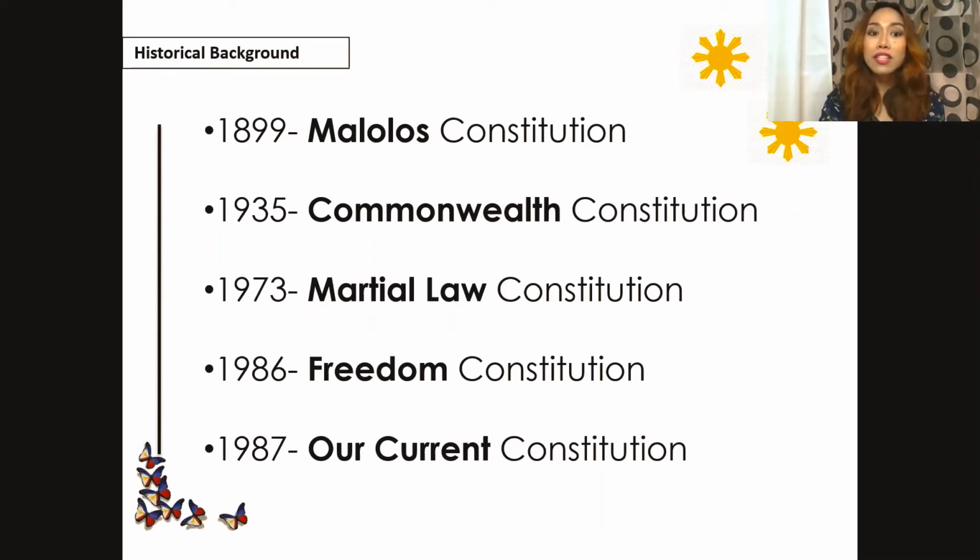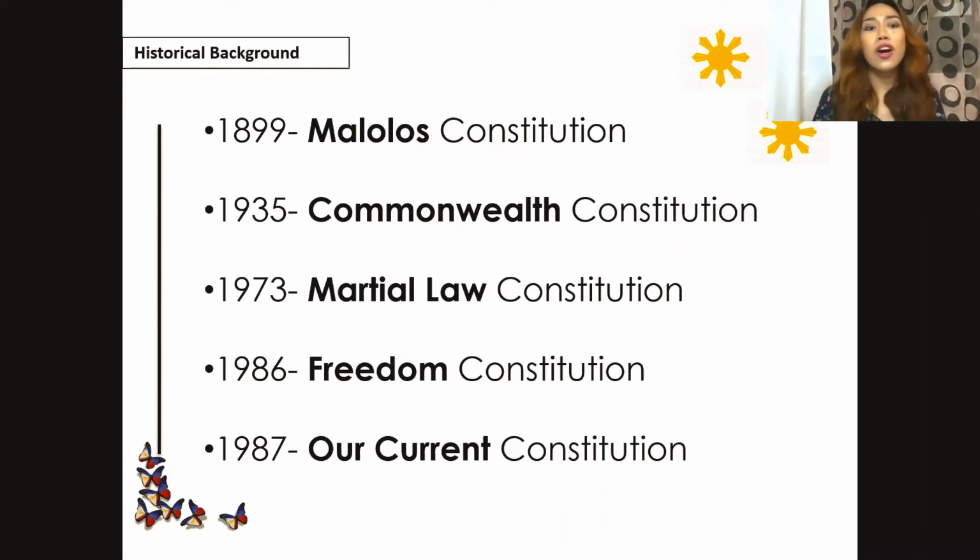Then it is followed by the 1935 Commonwealth Constitution, the 1973 Martial Law Constitution, the 1986 Freedom Constitution, and the 1987 Constitution, which is our current Constitution. For you to better understand this historical development, let's take a trip down memory lane and talk about the history of the Philippines.